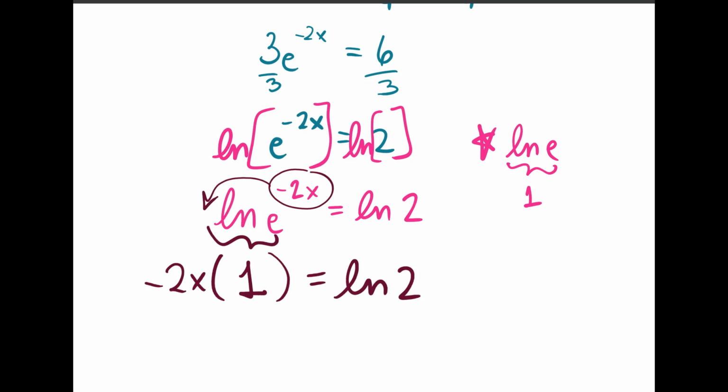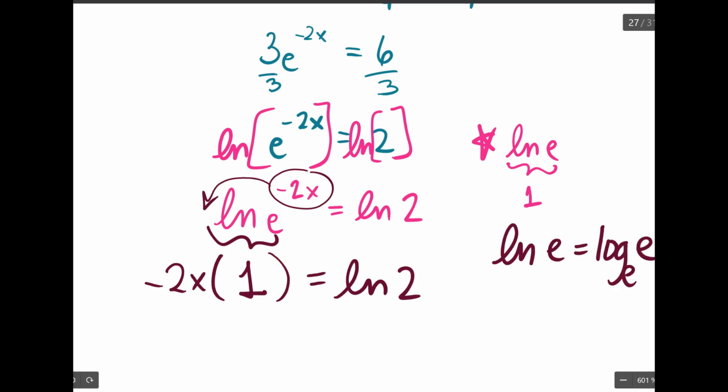ln of e is the same thing as saying log base e of e. And we know if I have a log with base that same number, it's just going to be 1. So I have negative 2x is equal to ln of 2.